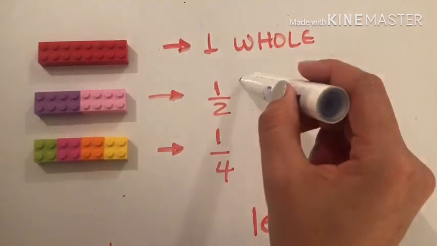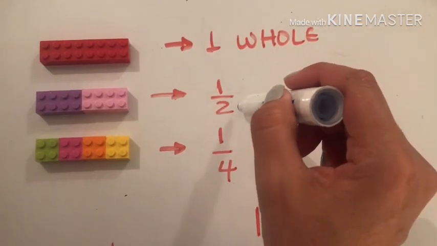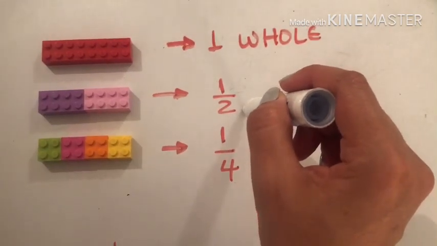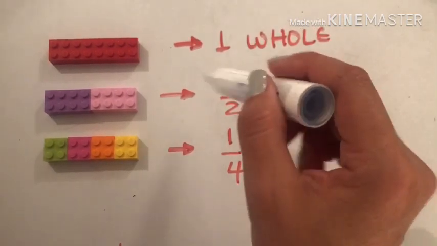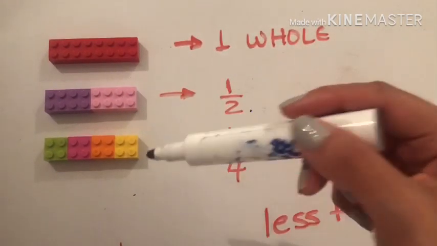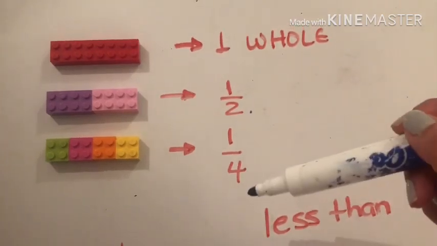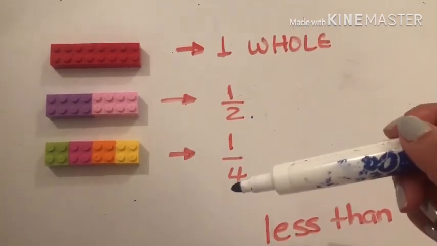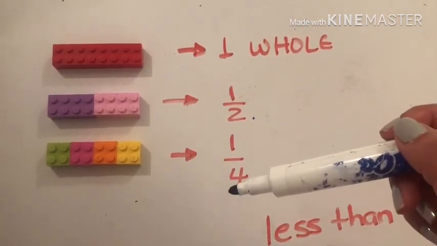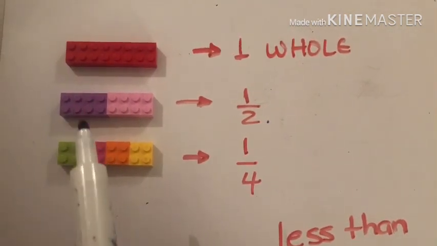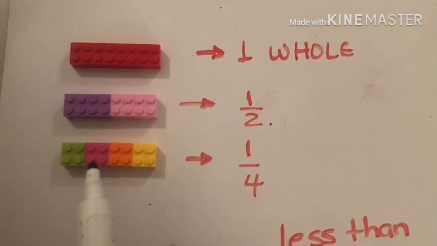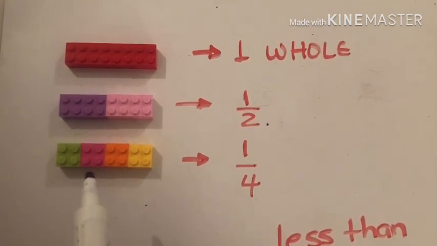Do you notice that even though 1/2 has a smaller number as a denominator, it's bigger in size than the ones that are represented with 1/4? That's crazy too. My 1/2 is actually double the size of my 1/4.